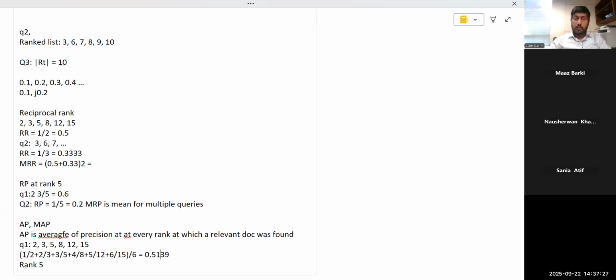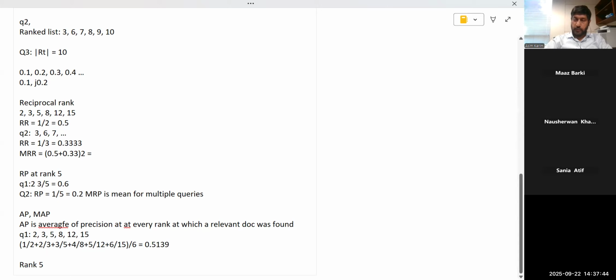ठीक है. So we are finding precision at every rank at which a relevant document was found, and we're taking the average of it. ठीक है. So just to compare up to see where this makes sense.